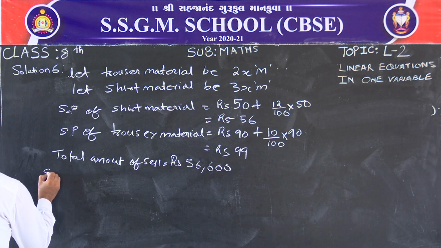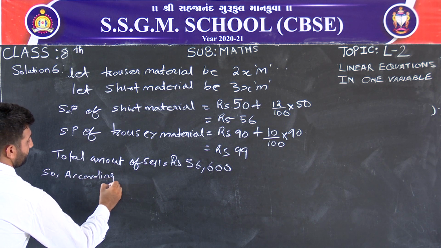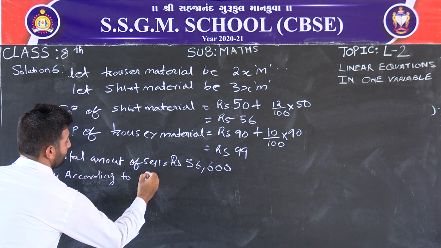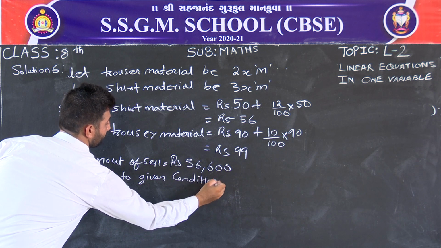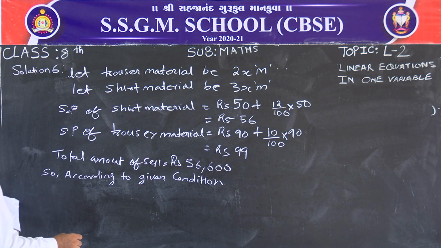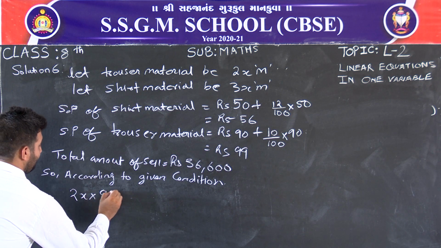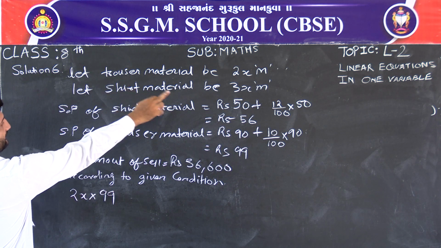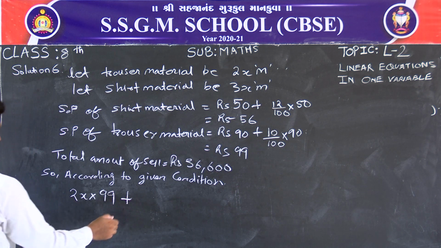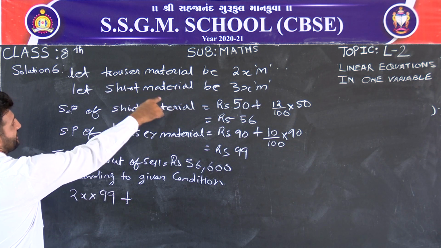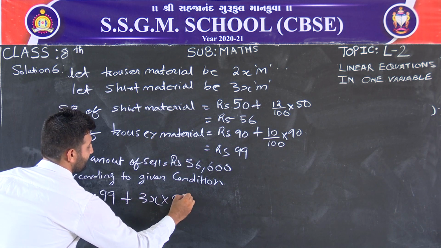So according to the given condition, it is given that 2x into 99. Why? Because trouser material is 2x meter and selling price is 99, plus 3x. 3x is shirt material and selling price for it is 56.